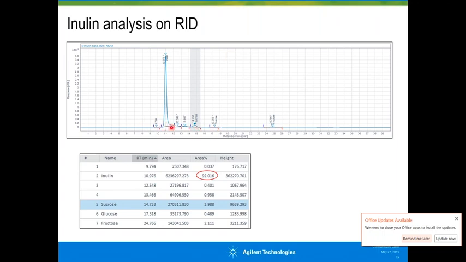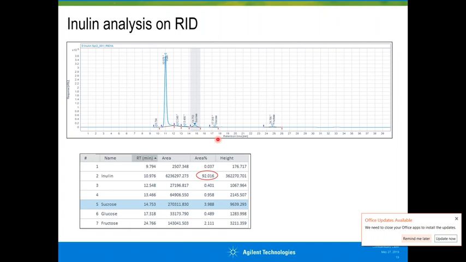That means chromatographic purity, which basically means that if this is my inulin peak, it should be 100% chromatographically pure. There should not be any underlying impurities merging with this peak, which I cannot see. Assuming that is the case, we can just monitor the area percent and find out that my sample contains roughly 92% inulin.